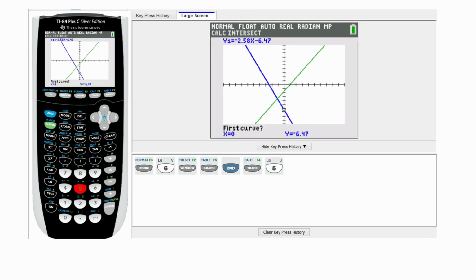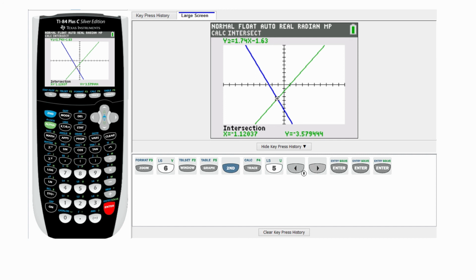And it will ask you if this is where you think the first curve crosses with the second curve. I get where I think they cross, press enter, second curve enter, guess, enter, and then it gives me the intersection. With the TI-83 and the TI-84, I don't actually have to move the dot to where they intersect. If I just press enter 3 times, it will give me the intersection.